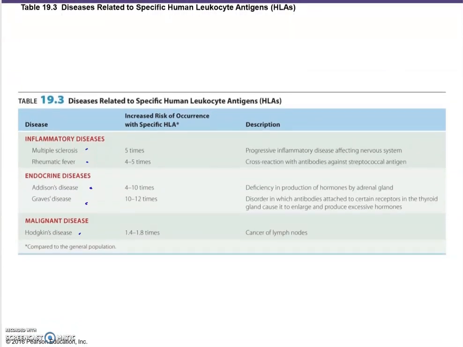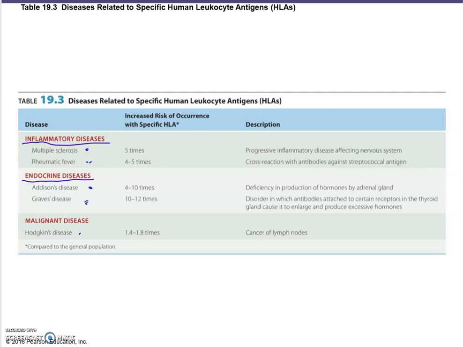Well, some of them we already mentioned in a slightly different context, but on the inflammatory side, you have autoimmune diseases, multiple sclerosis, and rheumatic fever. On the endocrine side, you have Addison's disease, which is related to cortisol production, and so that is related to the adrenal glands.